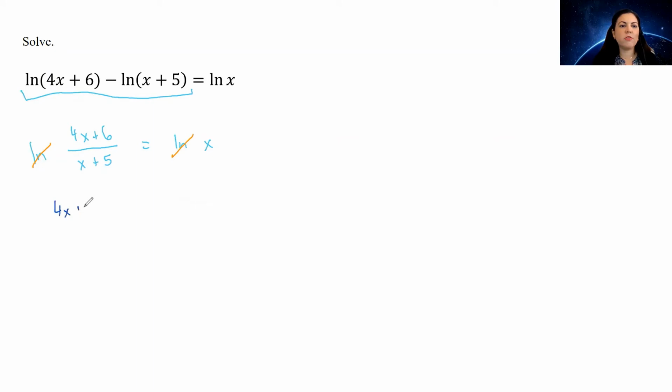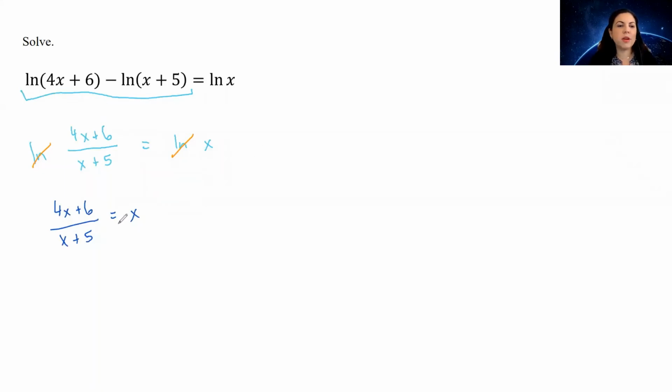We can just solve 4x plus 6 over x plus 5 equals x. And that's only because they had the same logarithm on both sides of the equation. In previous examples on other videos, we've been able to apply the logarithm to both sides in order to solve exponential equations. Same idea, we can remove it from both sides and just solve for x.